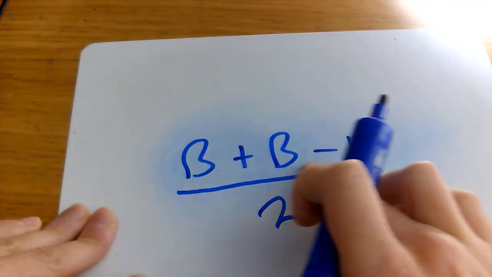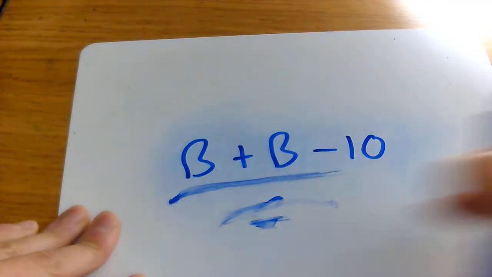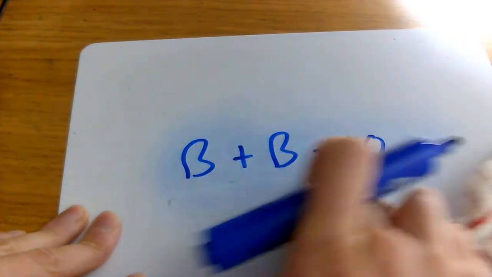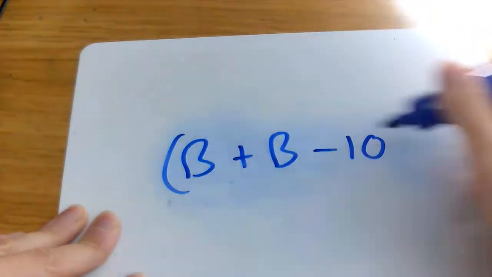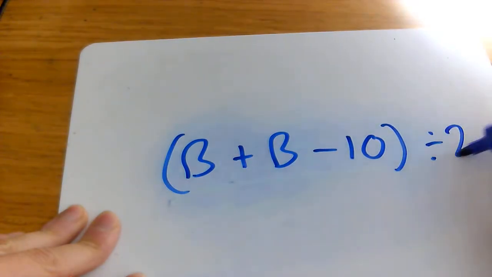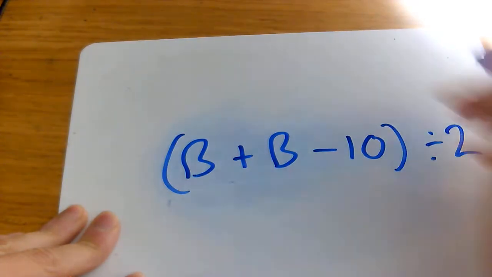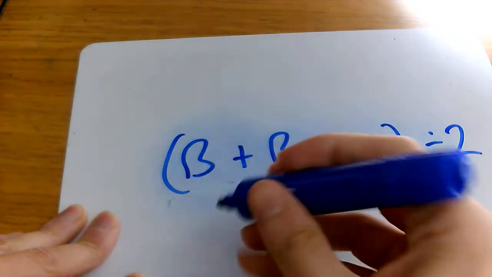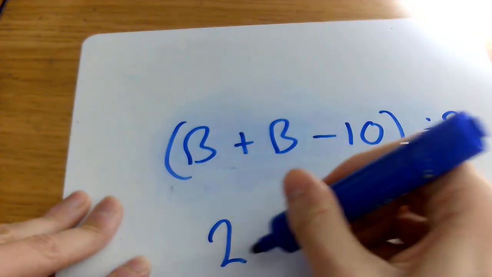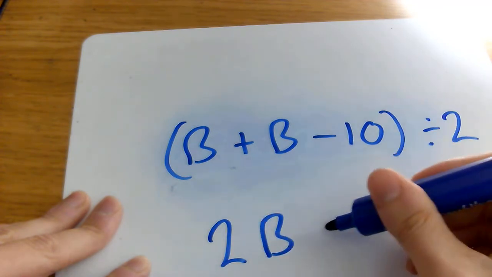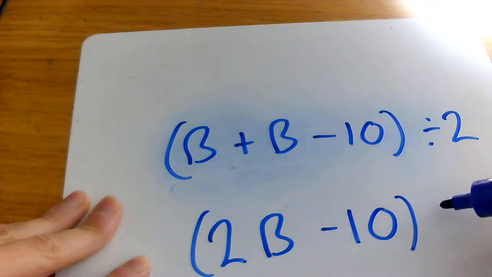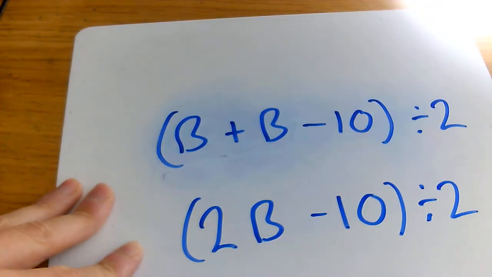Another way of writing it properly would be to use a bracket and do all of this divided by 2. I can simplify this a bit, can't I? Because I've got b plus b, so that can actually be written as 2b minus 10, and then I can say all of that is divided by 2.